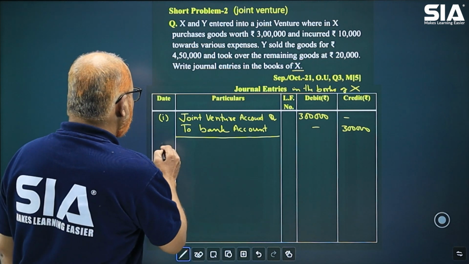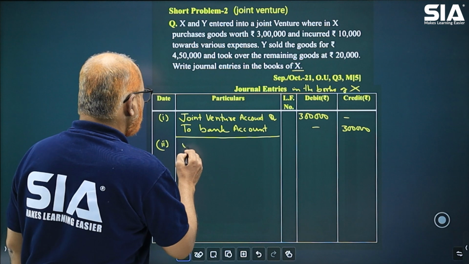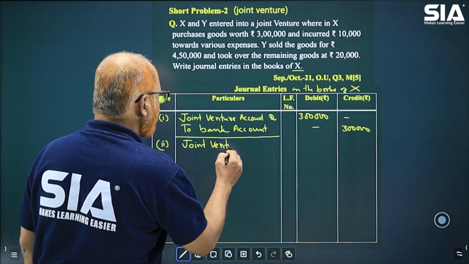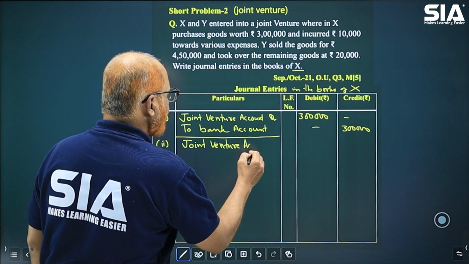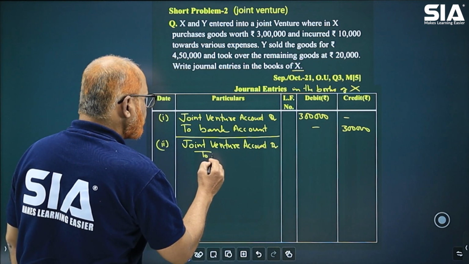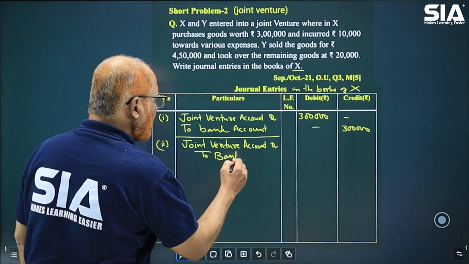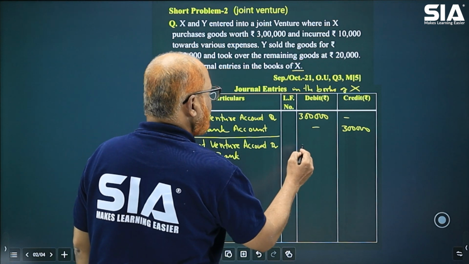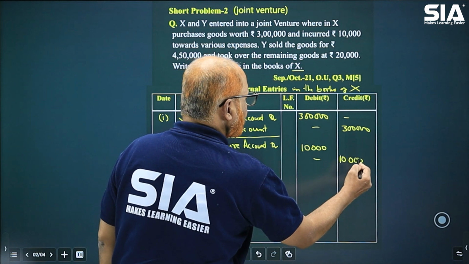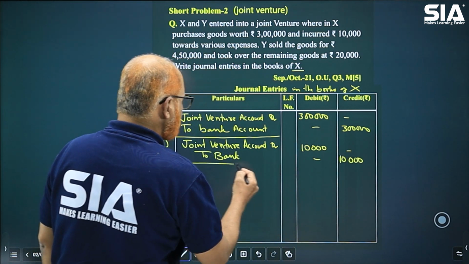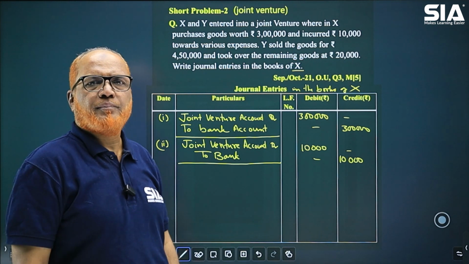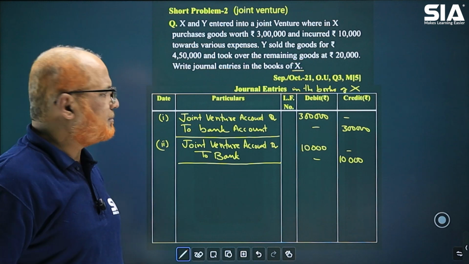So again the same entry will be written: joint venture account debtor to bank. How much amount is he paying? X is paying 10,000 rupees. Being the expenses paid, by X only. The entries are recorded in the books of X.